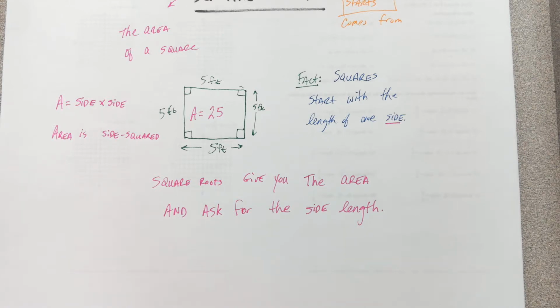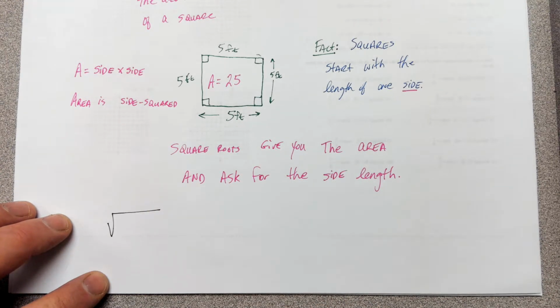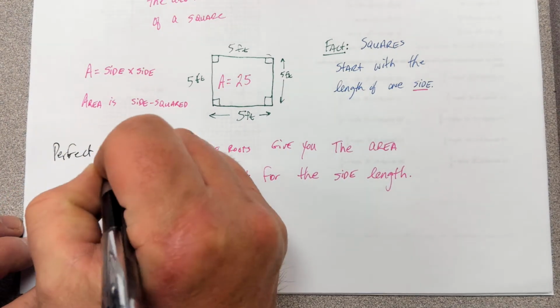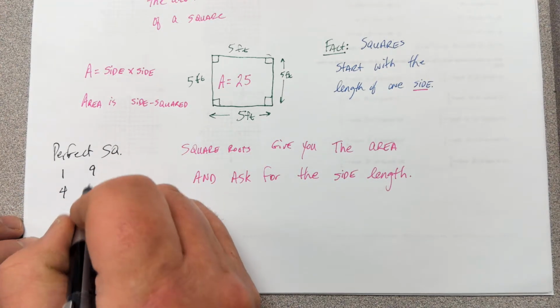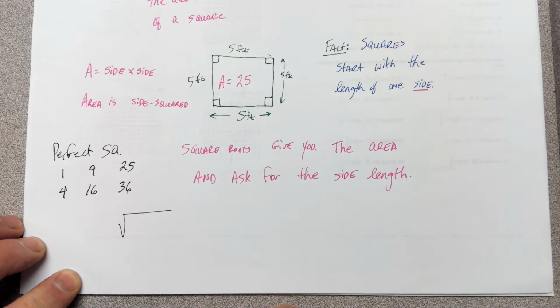So, for example, do you guys know what a perfect square is? A perfect square would be like 1, 4, 9, 16, 25, 36.